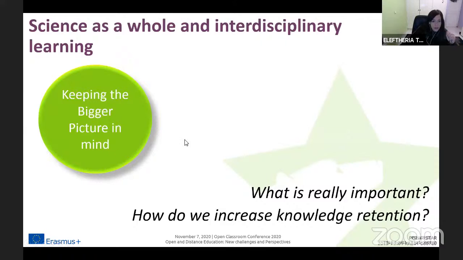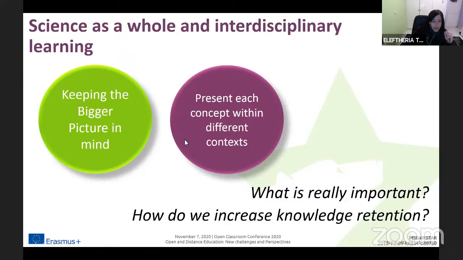The second is by encouraging you to present each concept within different contexts. So presenting each concept through different phenomena, through connections with different other concepts. I will talk about that a little bit later.